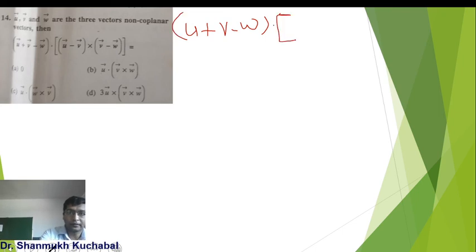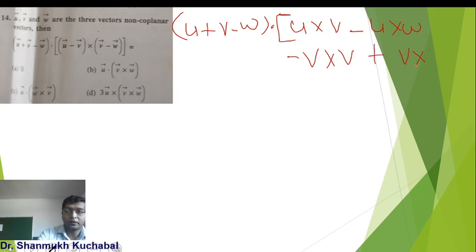Inside it is a dot, outside it is a cross, so we simplify: u cross v minus u cross w minus v cross v, minus into minus plus v cross w. And you know that in a cross product, if two rows are identical, the value becomes 0, so this will become 0.